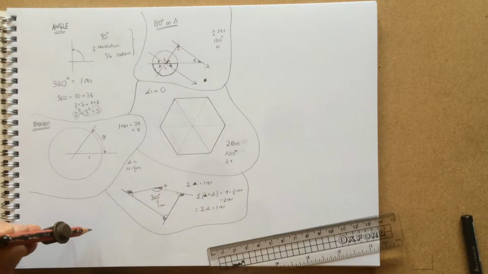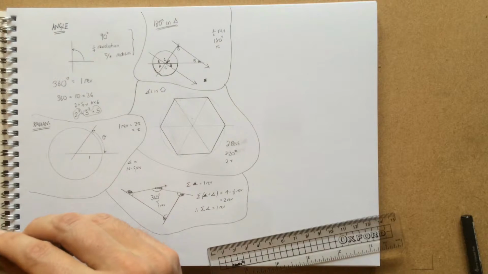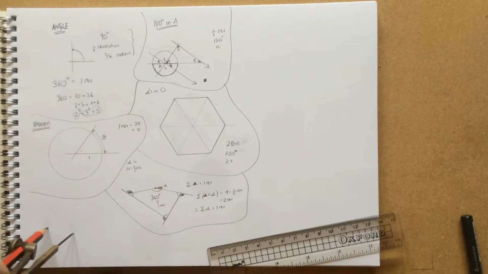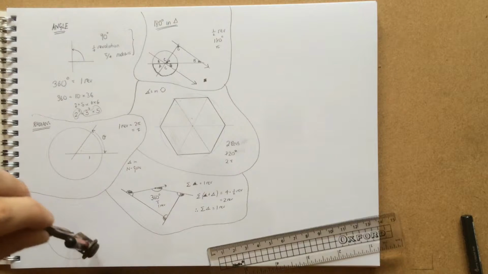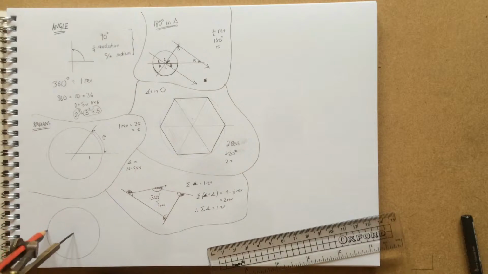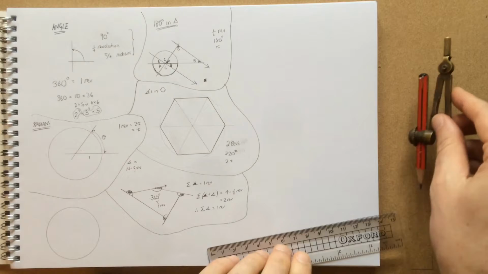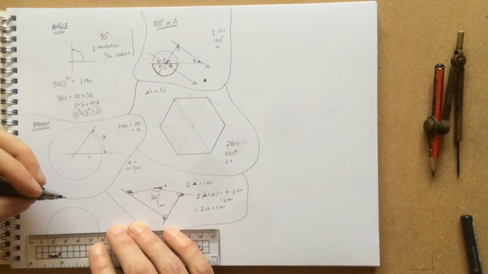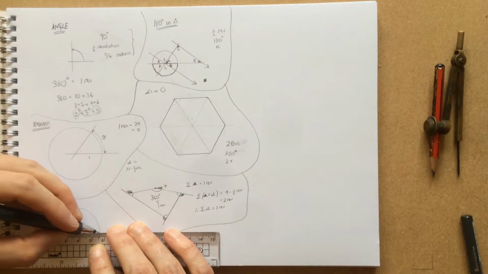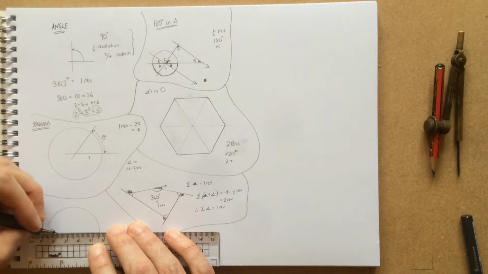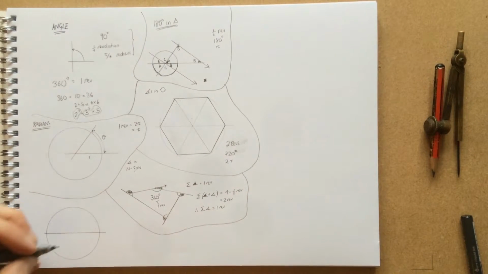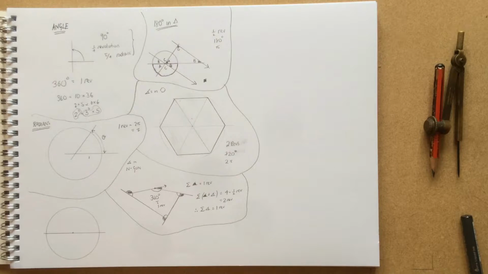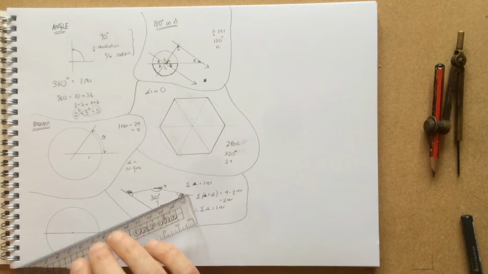Let's look at triangles inside circles. So that's a diameter passing through the center.